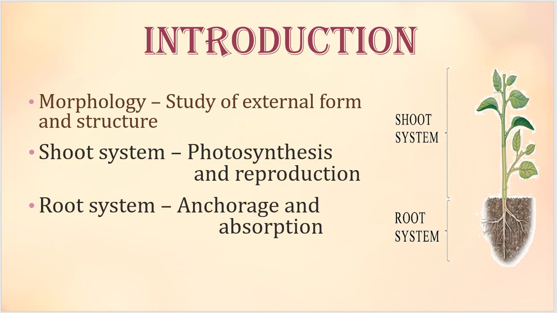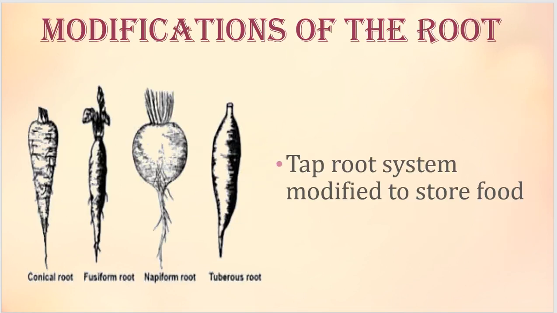So when a root wants to do some special function apart from its normal function, the root undergoes some modification. And these modifications, based on their function and form, we are dividing again into so many types.